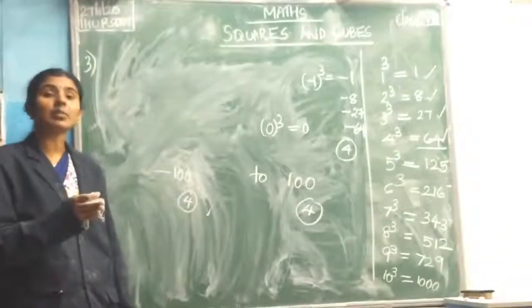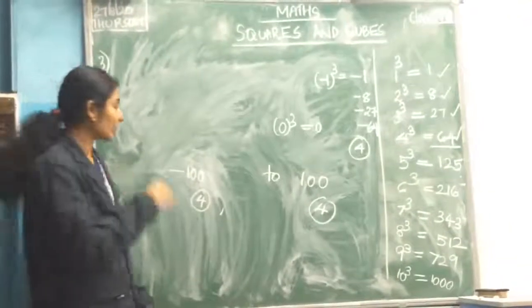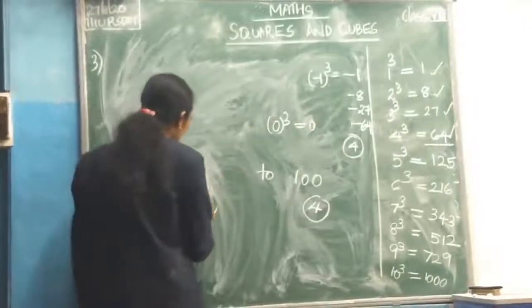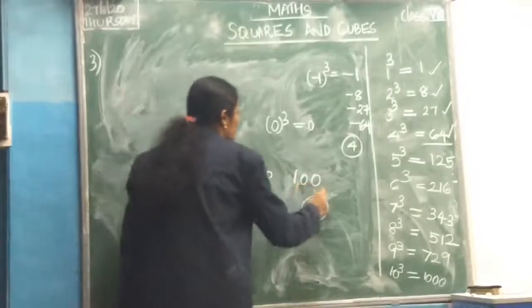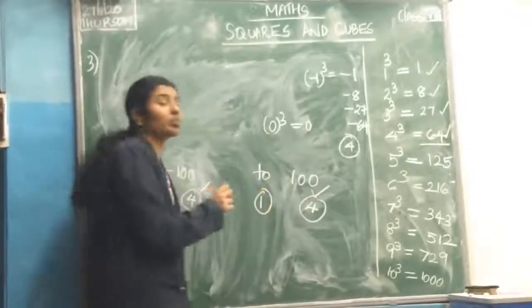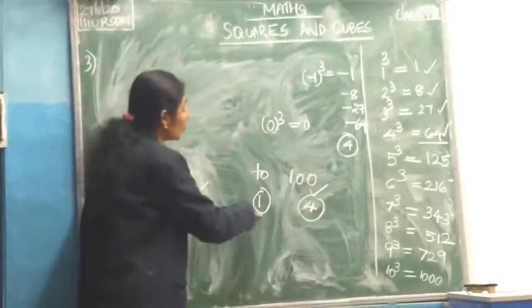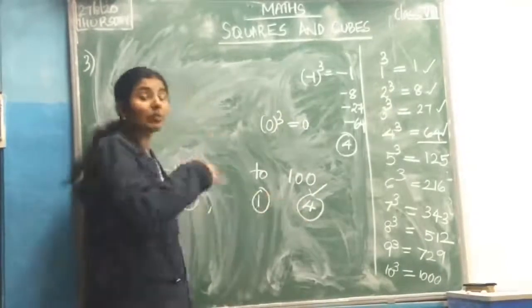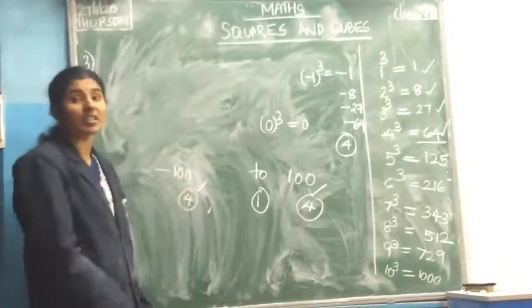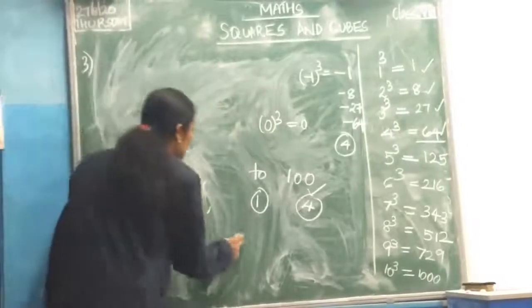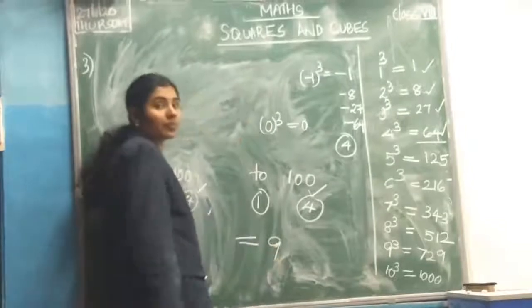In between one number is there, which is 0. Here 4 cubes, here 4 cubes and one more cube. So 4 cubes, 4 cubes and one more cube. So total how many cubes are there? 4 plus 1, 5, 5 plus 4, 9 cubes are there.